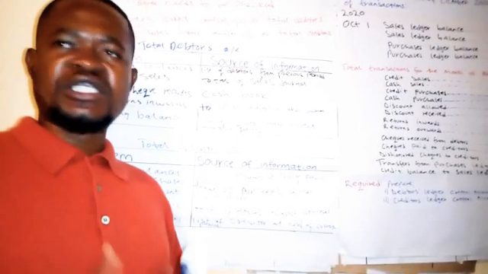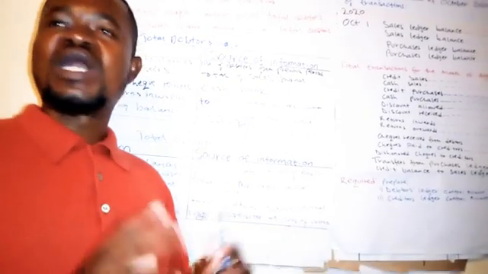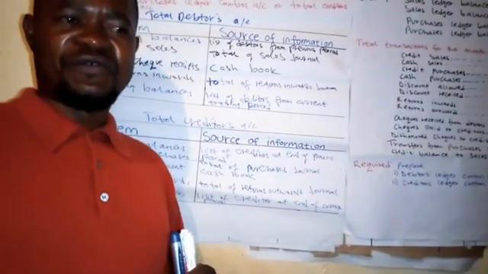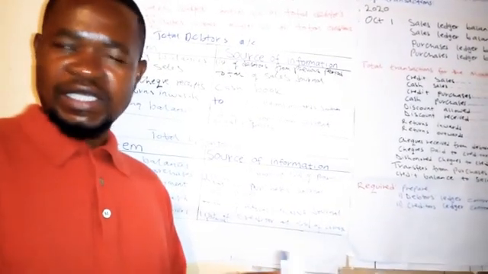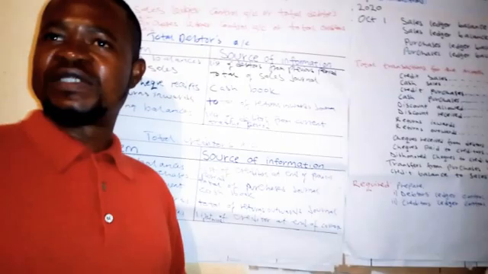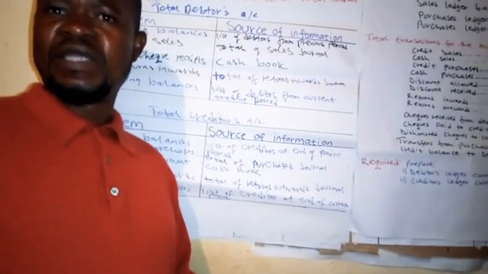Since you're a customer of Dangote, it might happen that you are also a supplier to the same Dangote. So you have a sales ledger in the books of Dangote, and you also have a purchases ledger to do with Dangote.